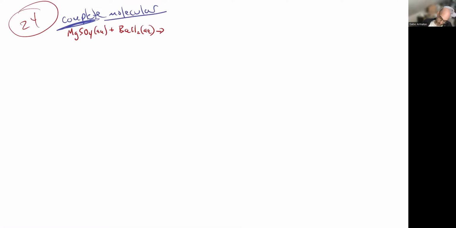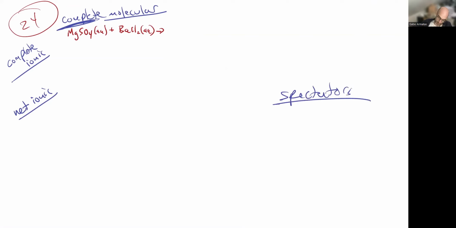So how I always do this, I'm complete molecular, and I'm going to turn this next one into complete ionic. And then after that, we have the net ionic, as well as spectators. This is always how I set it up.